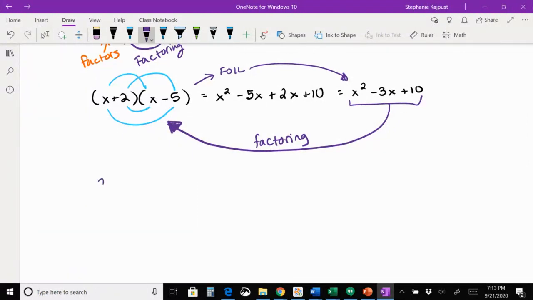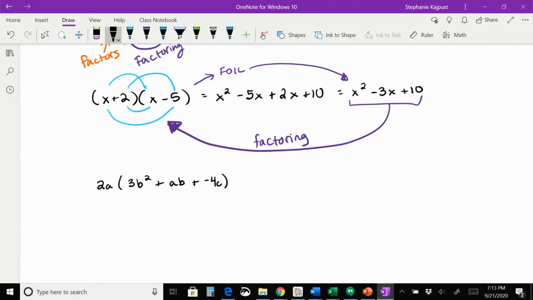You could have, let me do this in black, multiple variables, or you just have something in front that you need to multiply through the parentheses. I'm just making this up.